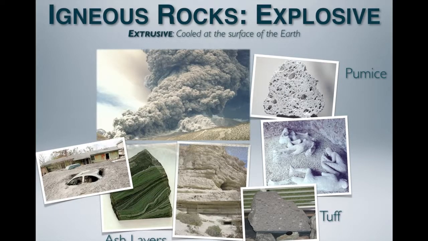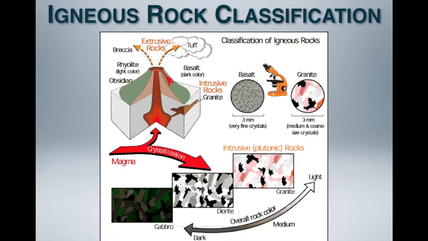And we would create things like ash layers that can be seen or represented in between other rock types, tuffs or pumice, and depending on the different types of lava and magma and their composition, we can end up with scoria, breccias, all sorts of different types of explosive rocks.